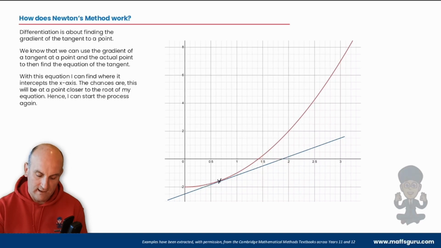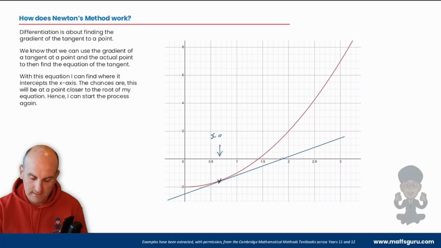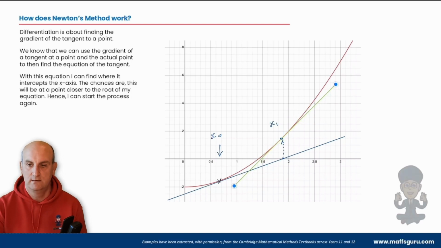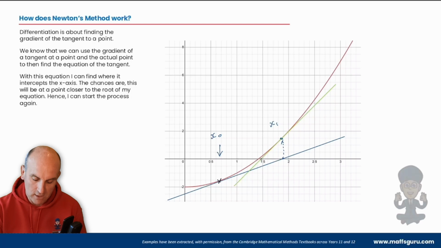Let's call this my initial value x0, my initial guess of where the root might be or might be near. I now use this value here as x1, and draw a tangent to that point. What do we notice? If we use where that tangent crosses the x-axis, we are much, much closer now.